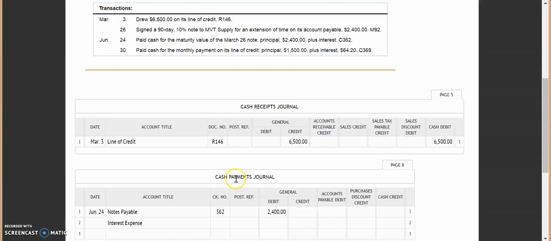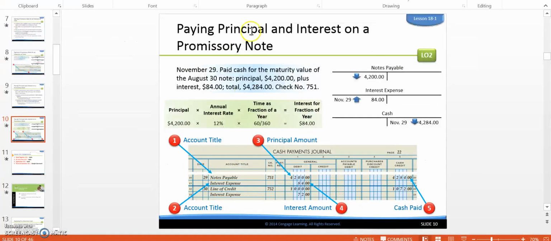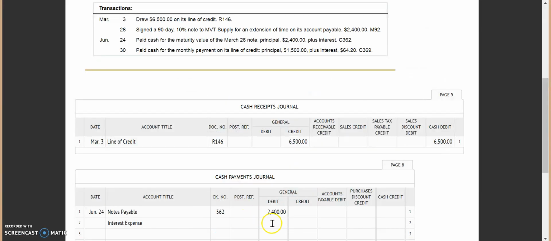Then we use the same formula we found over here. We take our principal amount, which is $2,400, the interest rate of 10%, 90 divided by 360. And remember, we talked about that 360 in Accounting 1. That just accounts for the 5 major holidays where the bank is not open. And when we do that, our interest should end up being $60 if you do that calculation correctly.